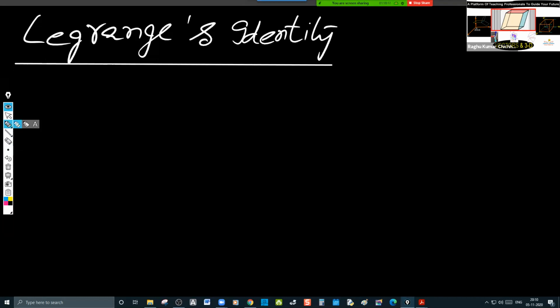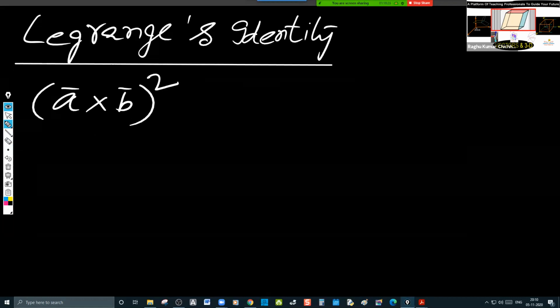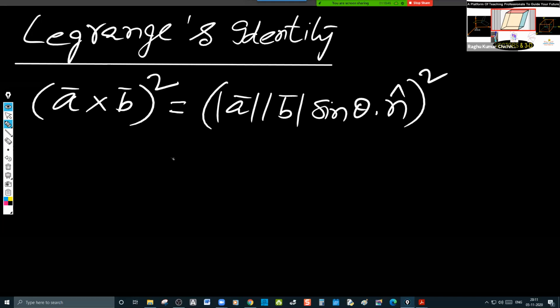Pranit, it is just the square of the cross product. Remember? Now let me apply the cross product formula. What is the cross product formula? Mod A bar, mod B bar into sine theta, where theta is the angle between A bar and B bar, into n cap, whole square. So what happens here?